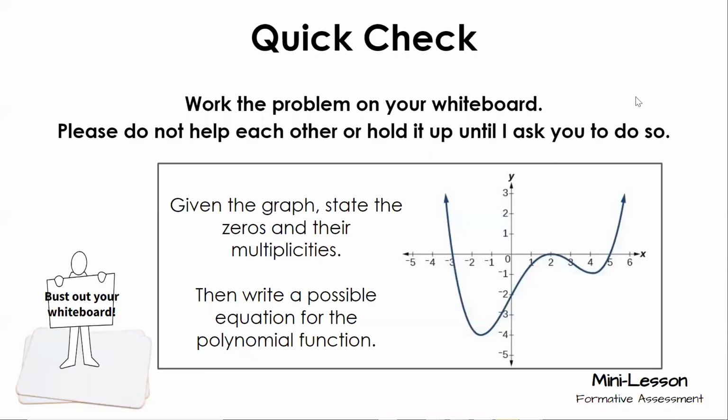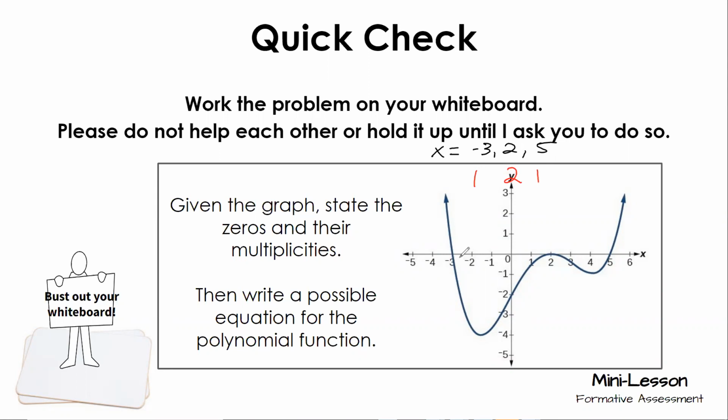Okay, so let's talk. What are the zeros of this guy? Okay, -3, 2, and 5. Now, we're going to list out their multiplicities. So what's the multiplicity of -3? 1, 2, and 2 and 1, right?